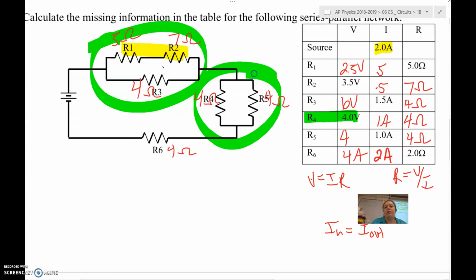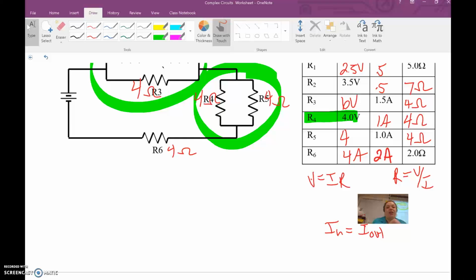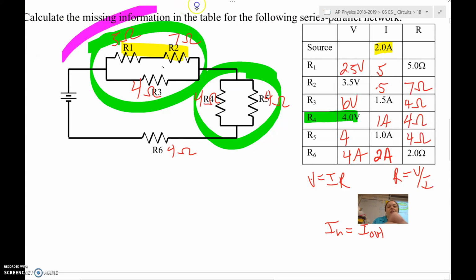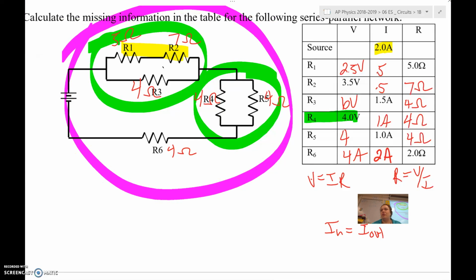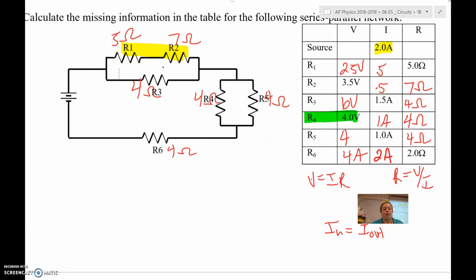These two are tucked together, all right, and then at the end, I've got the entire thing as a series circuit. So the smallest tuck is that yellow one, the R1 and the R2. So I'm going to simplify that first.